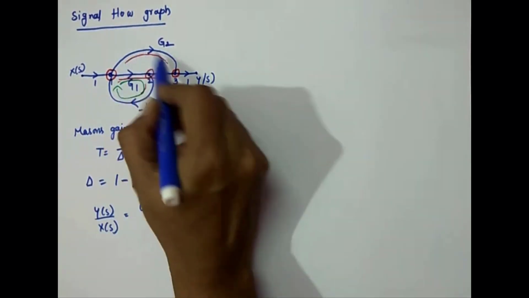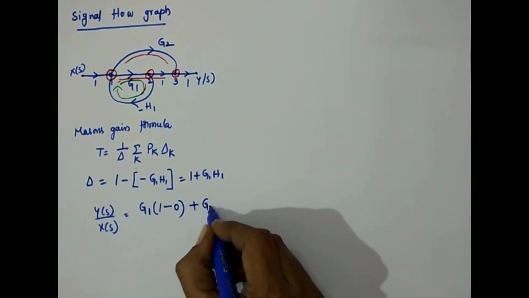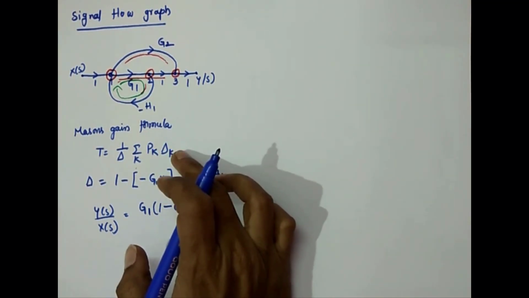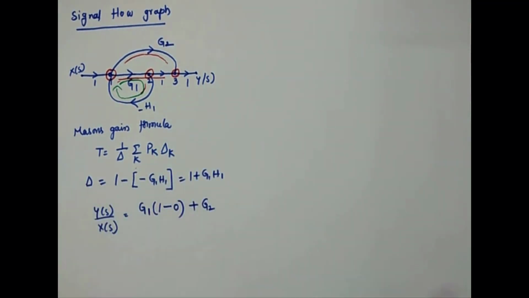Same way. What is the second path? G2. This is second path G2. And you have to write its own delta k. What is delta k? The value of delta which is not touching the forward path G2. But we have only one loop in the delta which is touching G2.